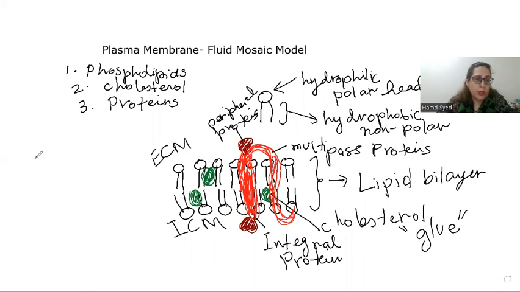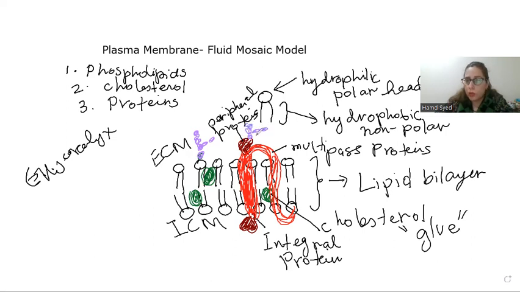Another structure to note is the glycocalyx. Now, what is the glycocalyx? At the extracellular face of the lipid bilayer, there are some sugar moieties, that is carbohydrate or sugar chains, which are attached to the phospholipids, and some of these sugar moieties are attached to the proteins.